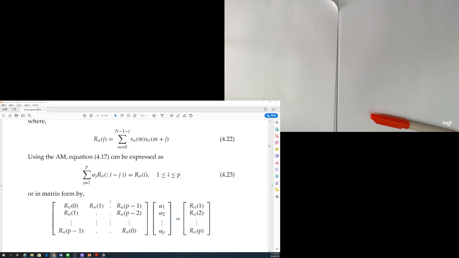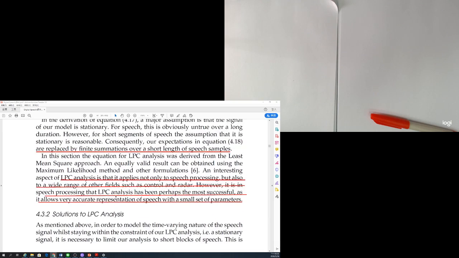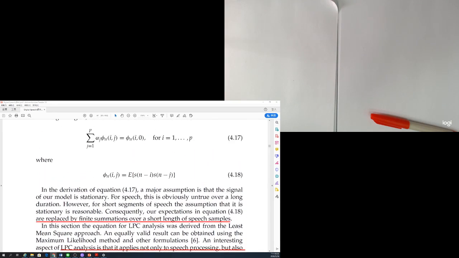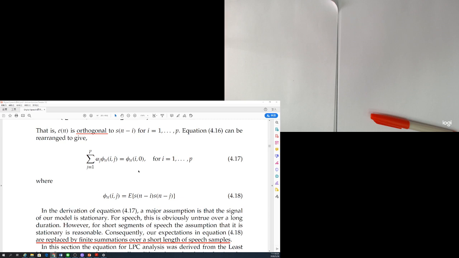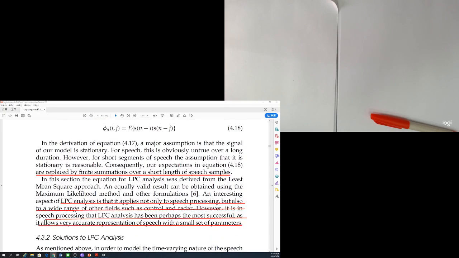Why? We can see the last page here. Next page here, from your partial derivative, we can get an equation like this one, and then we try to find your correlation, like cross correlation and cross correlation. So we try to find your phi.